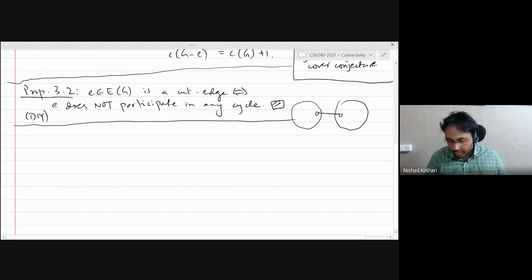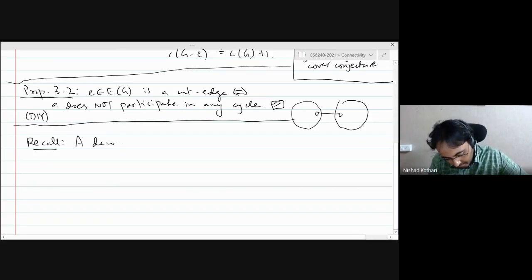Now I want to go back to something we have already seen. In the previous lectures, we defined a decomposition of a graph. Let me just remind you what that is, and I'll connect the topic to cut edges of a graph.